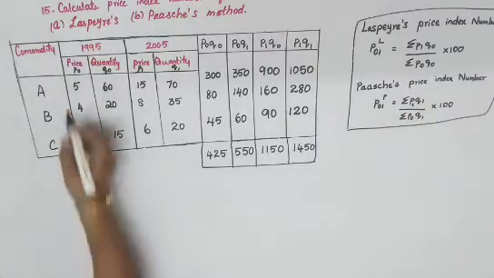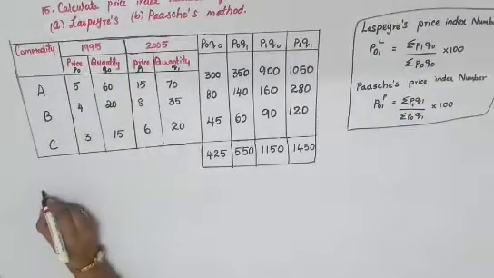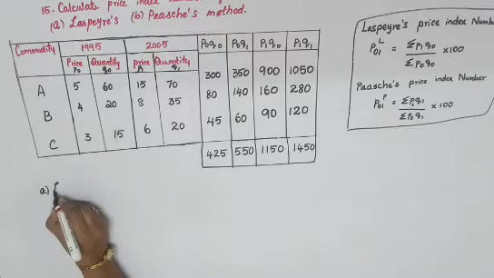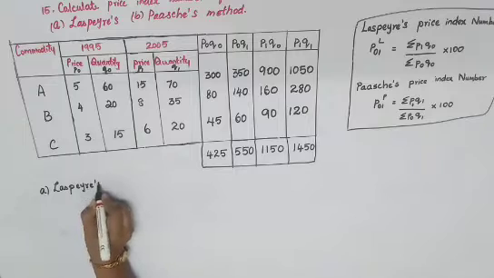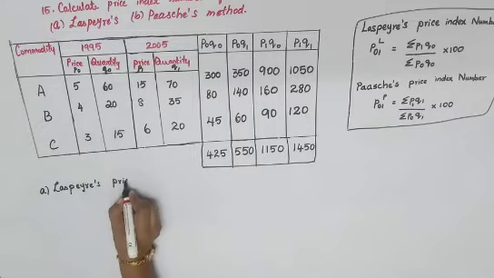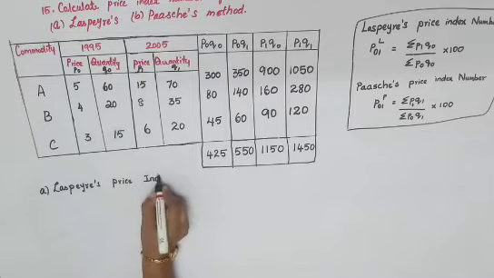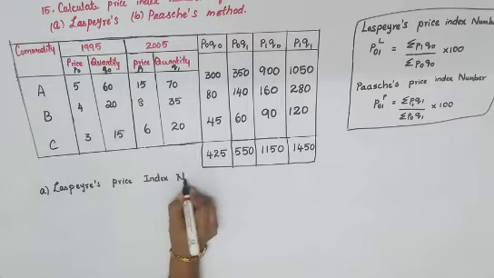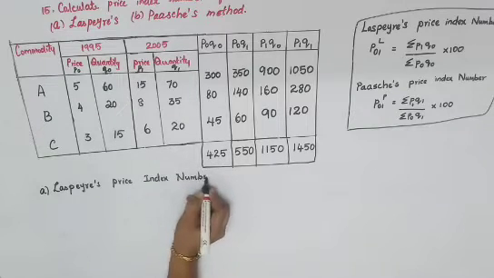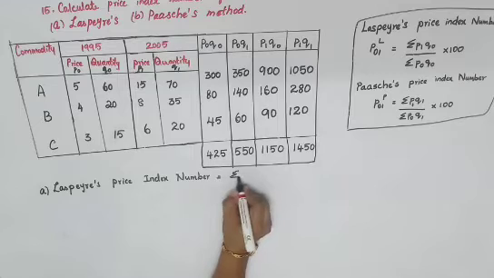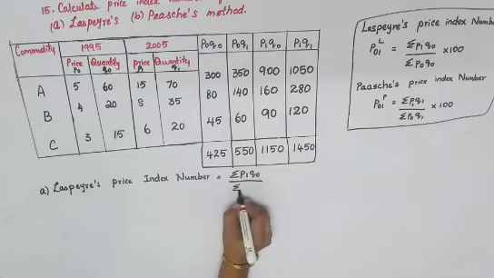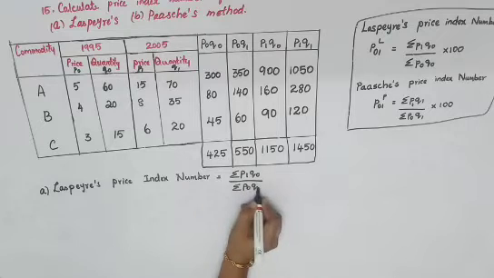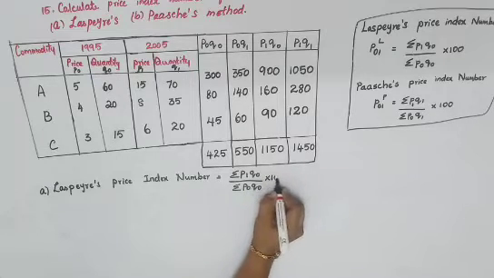So first, subdivision A, you have to find the Laspeyres price index number. Your formula is sigma P1 Q0 divided by sigma P0 Q0 into 100.